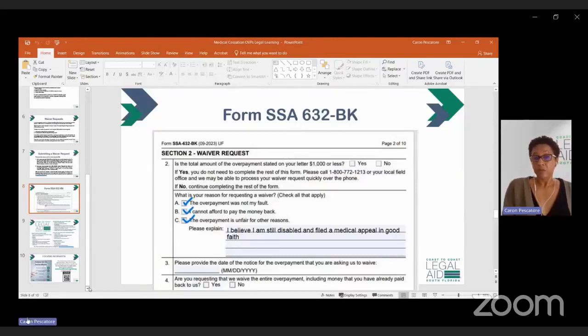However, if you filed the medical appeal in good faith, meaning you cooperated, you didn't exaggerate your symptoms, you were truthful in your testimony, and attended your hearing, and if they find that you cannot afford to pay the money back, they should grant the waiver request.